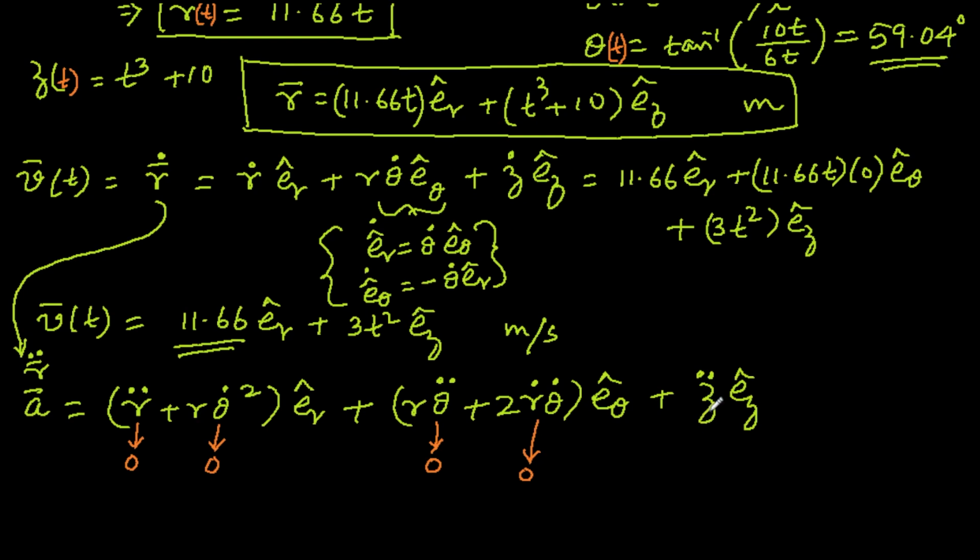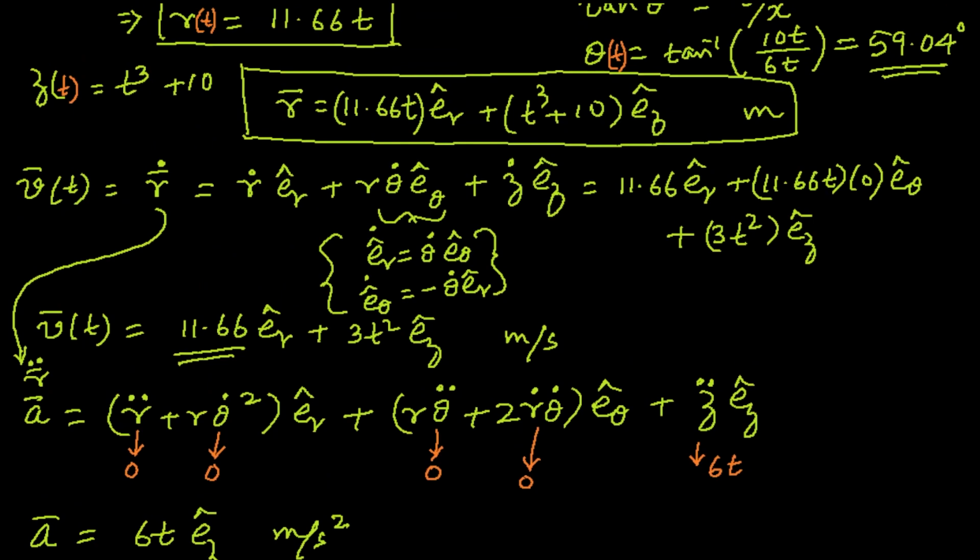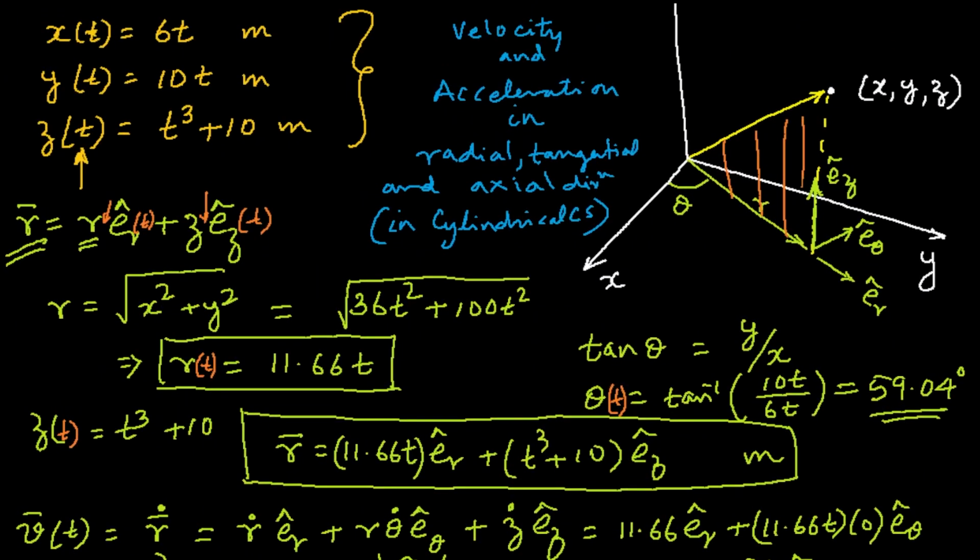Z double dot is 6t, that's it. So your acceleration will be given by 6t eZ, in meters per second squared.